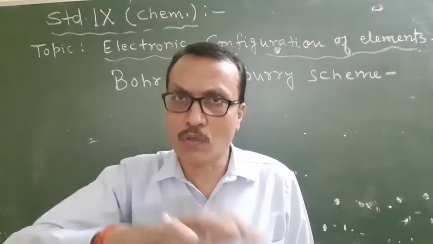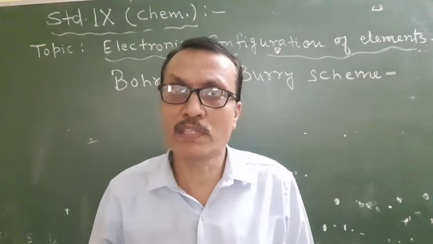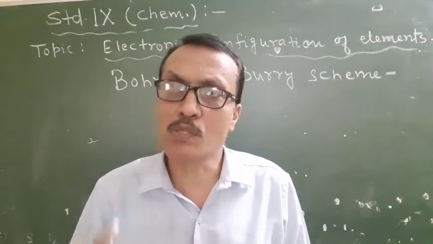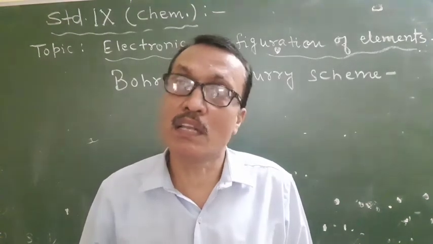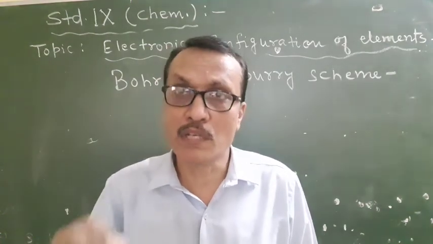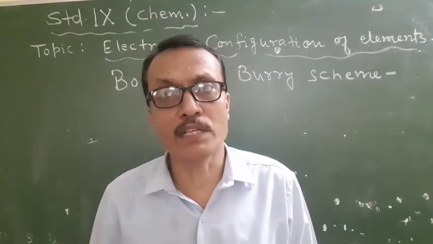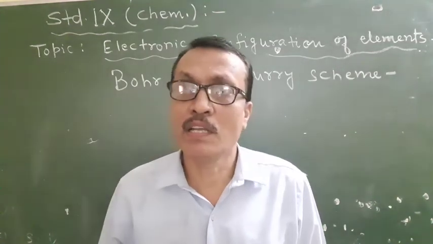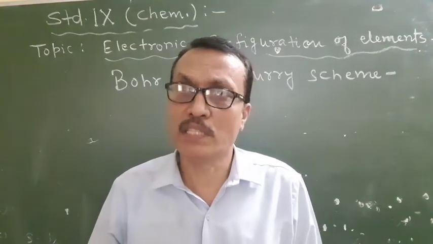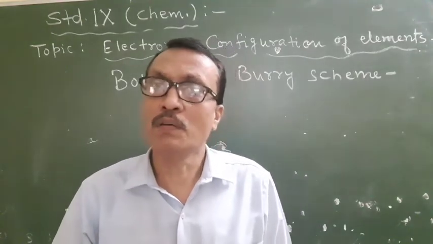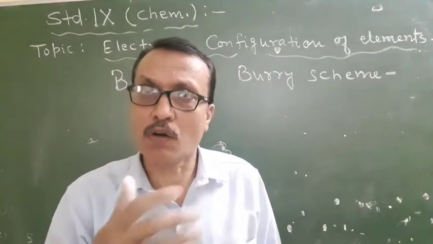These orbits are also known as energy levels, and you will study this in your fourth chapter, structure of atom. There I will talk to you in detail about the structure of atom.